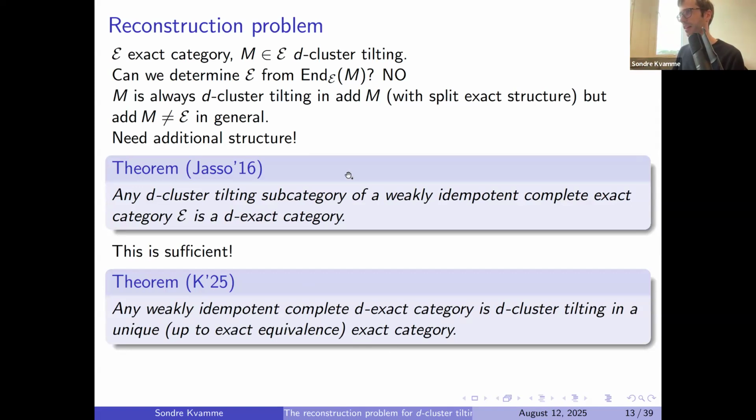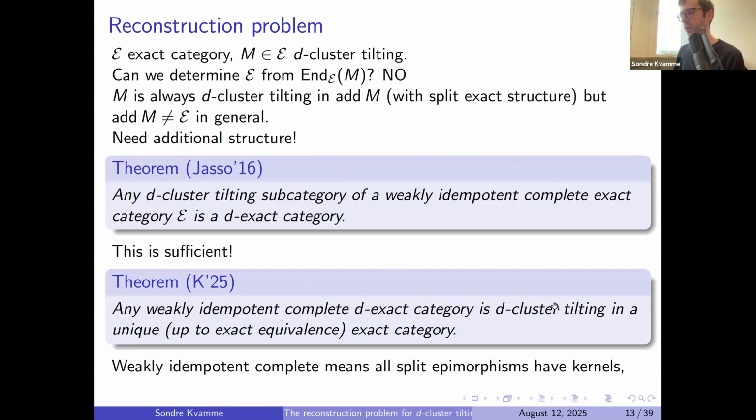I've had this adjective weakly idempotent complete pop up a couple of times, so I should tell you what that is. Weakly idempotent complete just means that all split epimorphisms in your category have kernels, or equivalently, and you can show that it's equivalent, to requiring all split monomorphisms in your category to have cokernels.